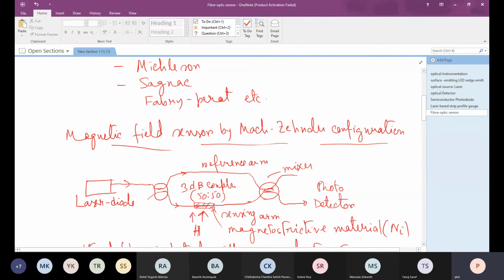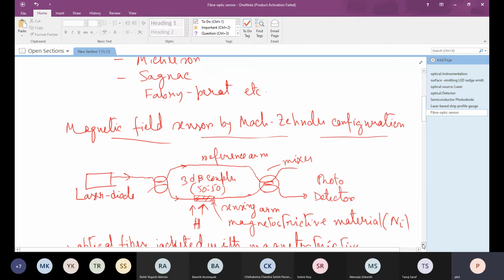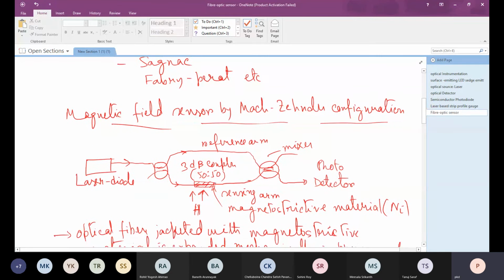So these can be put in an environment which is otherwise very hazardous, where electrical appliances cannot be put safely, maybe in a nuclear chamber, or in a very high current environment, or high magnetic field environment where a lot of electromagnetic interference is there, because our basic signal is optical.